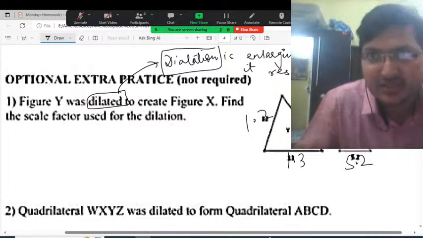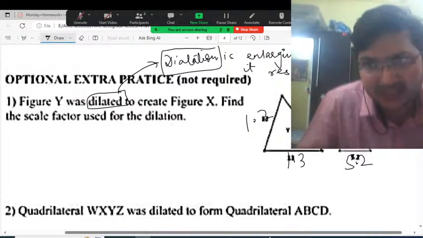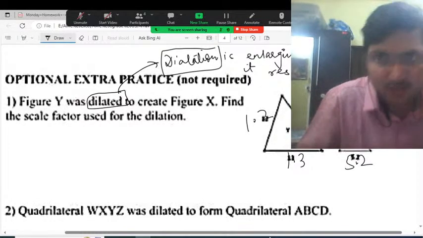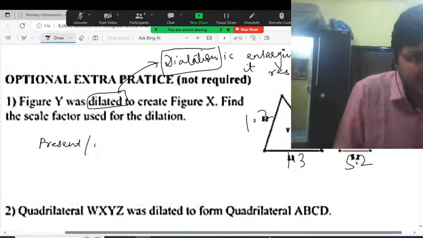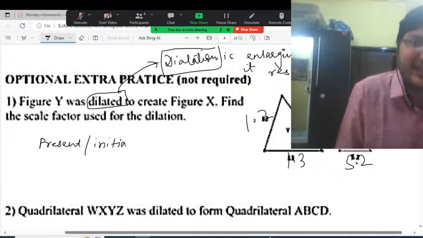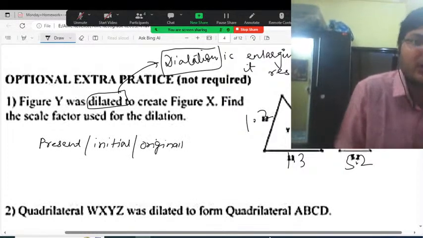Here we get two similar figures. It's a very important thing. The original figure, or the initial figure, whatever you take originally, is said to be your object.